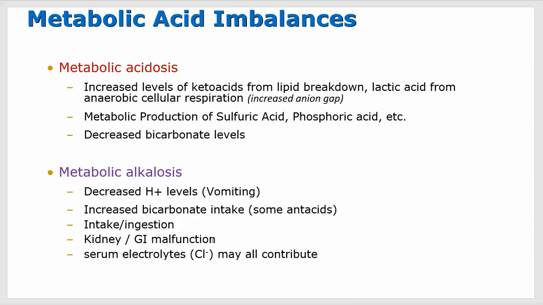So if the kidney isn't working right, then that's going to be a metabolic cause of whatever the kidney is not doing right. But when the kidneys fail in general, they're not going to be dumping hydrogen as well.